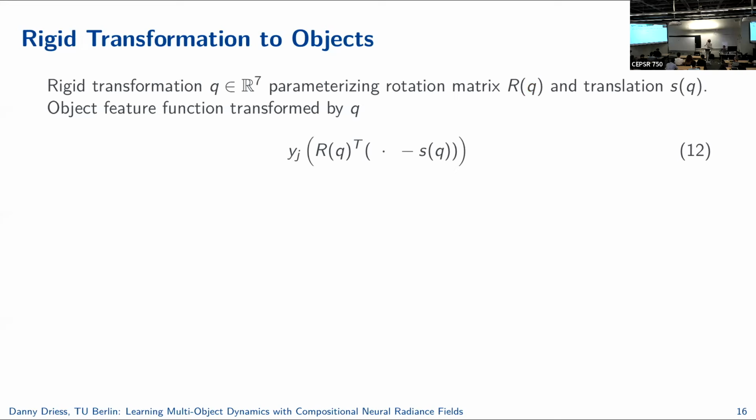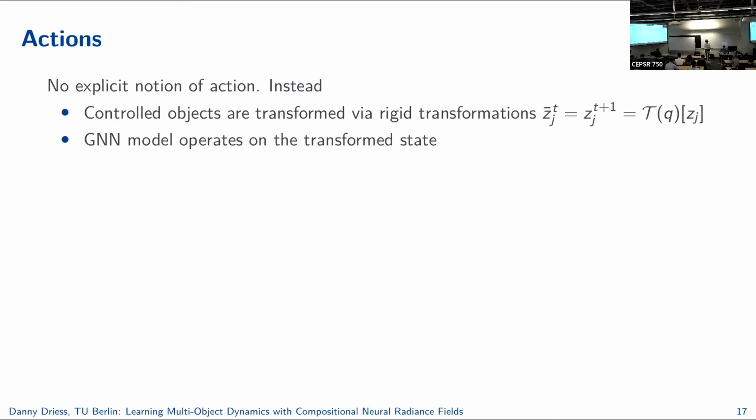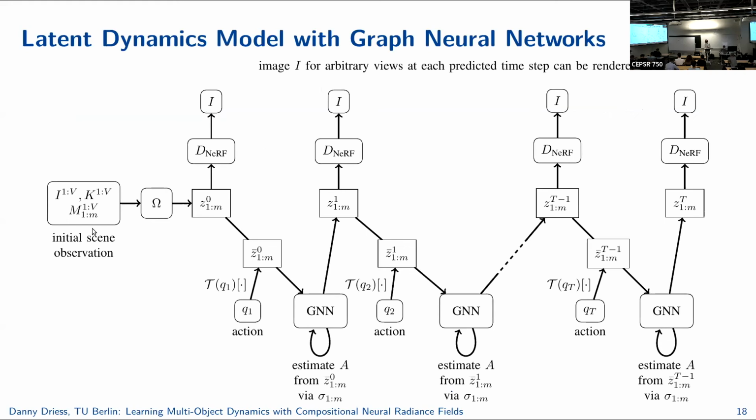So if we rigidly transform this voxel grid where this functional representation was queried by a rigid transformation, we get latent vectors that correspond to rigidly transformed objects. So this is important. This rigid transformation not only changes the appearance of the object, but it changes the latent vector. And this now allows us to, as I explained here, start from our initial latent vector.